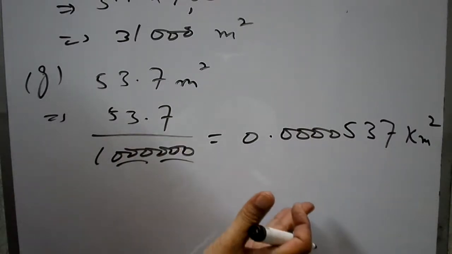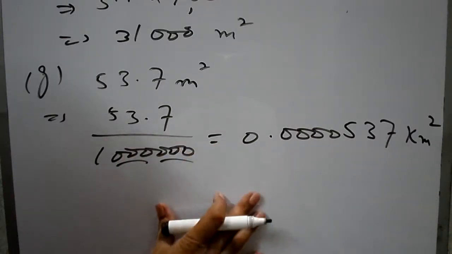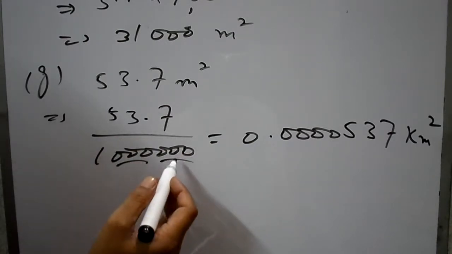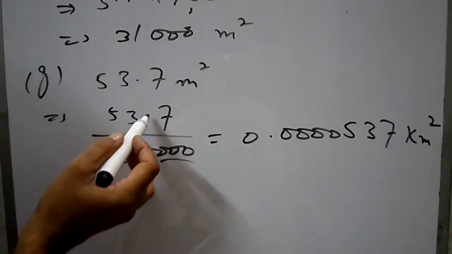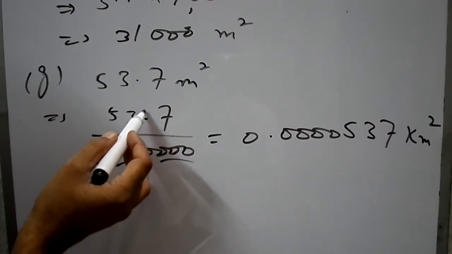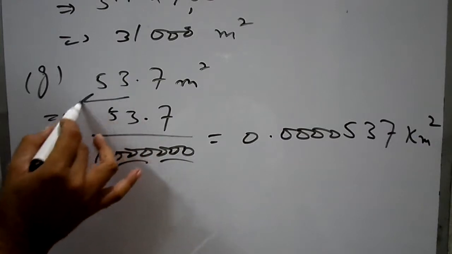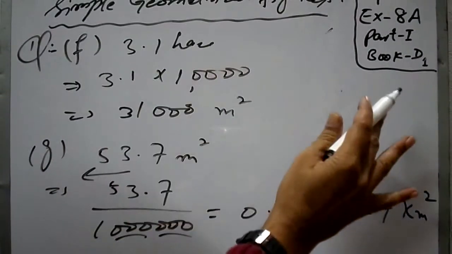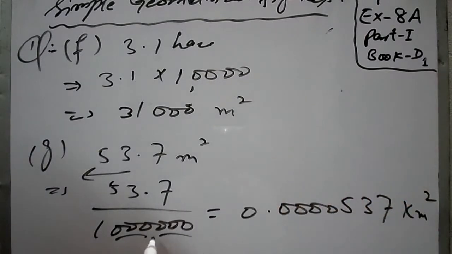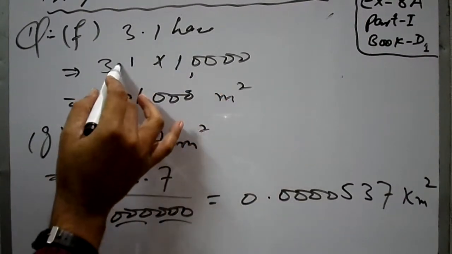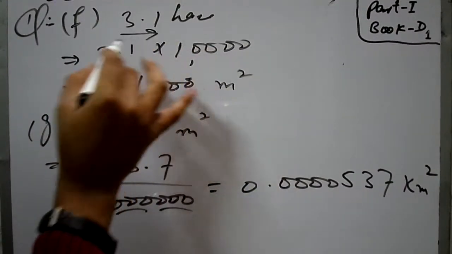But if you don't want to use calculator, then when anything is divided, the decimal point should be shifted towards the left, or when you multiply it, the decimal should be shifted towards the right. When you divide, the decimal point should be shifted towards left, but when you multiply, the decimal point should be shifted towards right.